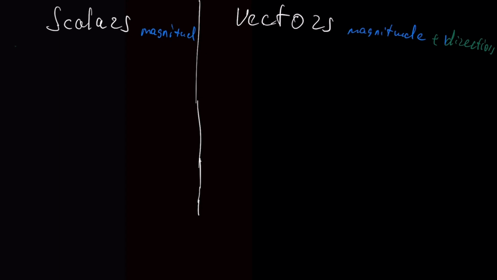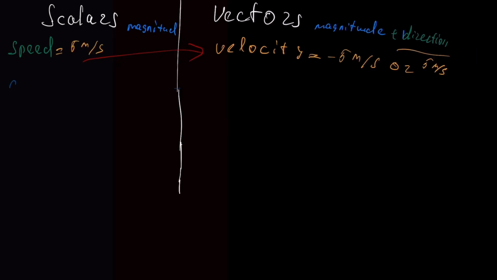Okay, in scalars we might have, let's say, speed, but in vectors that would be, okay, let me change the marker real quick, that would be velocity, because velocity can be negative as well. Let's say distance would be 5 meters, but in vectors that might be positive or negative.